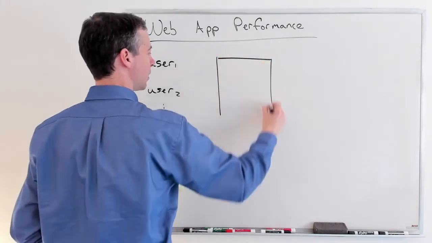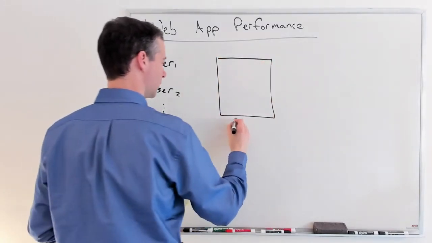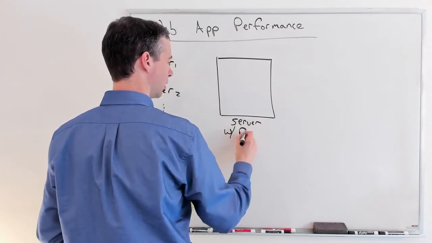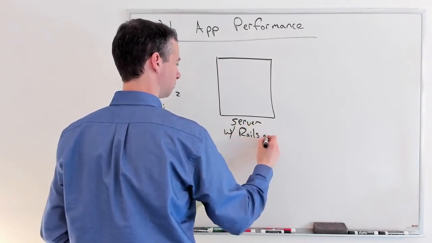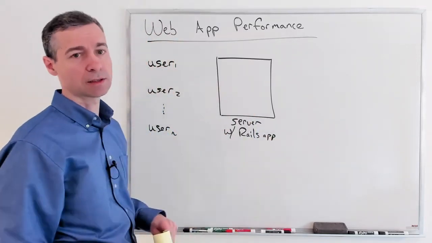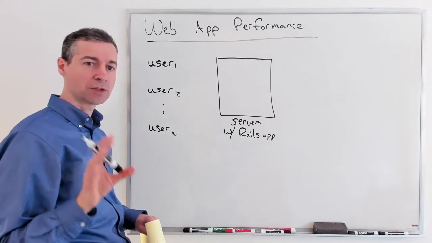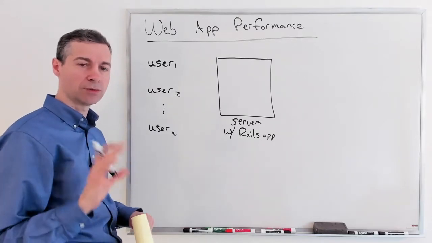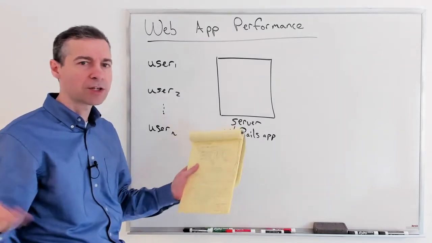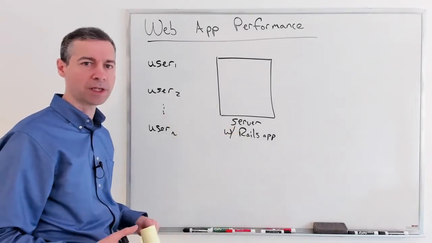And so we've got a nice server for ourselves. This is a server with our Rails app on it. It has sitting on it the actual web server, which talks to the Rails app, which is sort of this business logic. It's an in-between application.